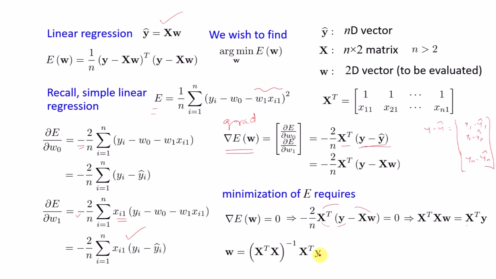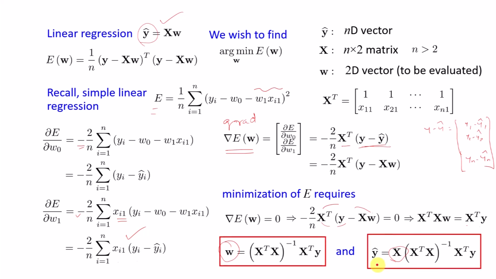This is a very beautiful closed form solution for w. The values of this vector w are what we were looking for. Once we get w, if we want to get y hat, it is simply x multiplied by w. So y hat is this particular w multiplied by x. You can see here I have this x.